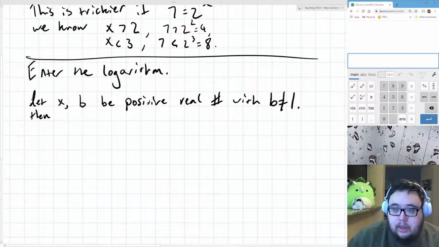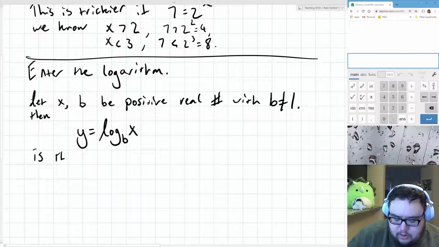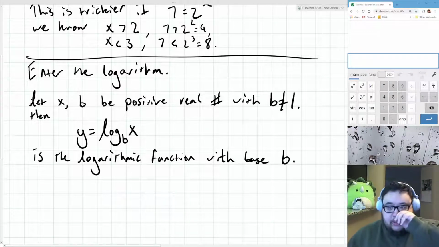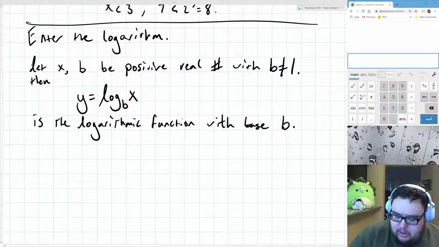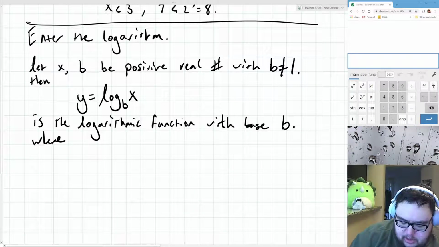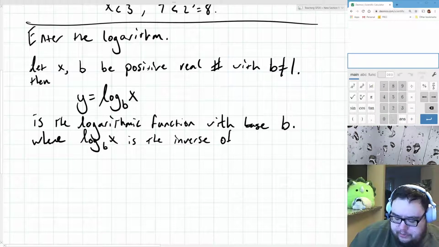Then y equals log base b of x is the logarithmic function with base b, where log base b of x is the inverse of b to the power of x.